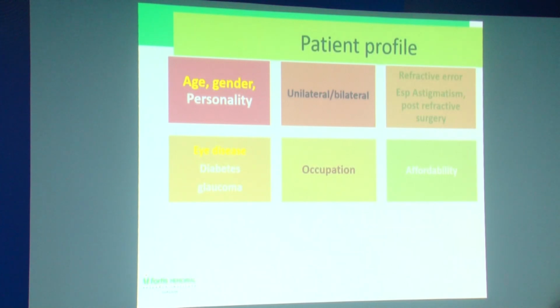In refractive errors, I find the hypermetropes are most accepting and forgiving, and maybe you should start your multifocal practice with hypermetropes. And the myopes, because they can see without their glasses, and when you tell them, if we give you a monofocal, you won't be able to see without your glasses, they just don't get it. But Dr. Saab, I can see without my glasses.